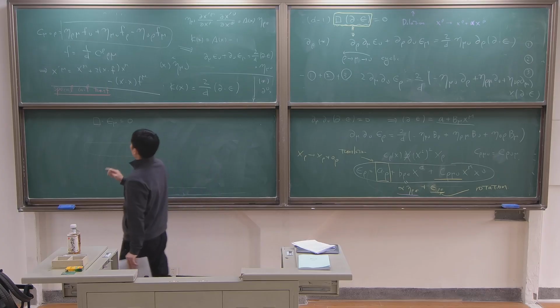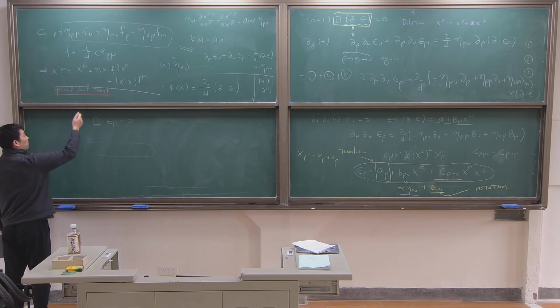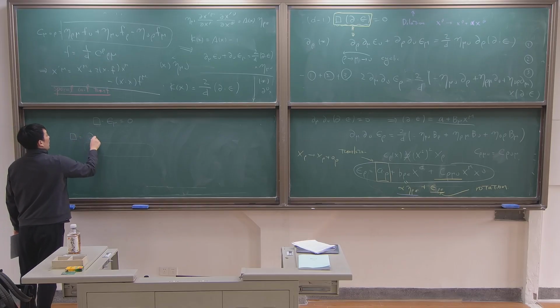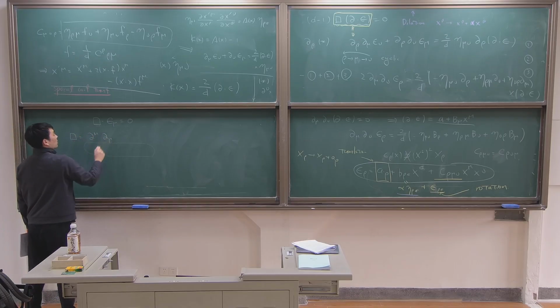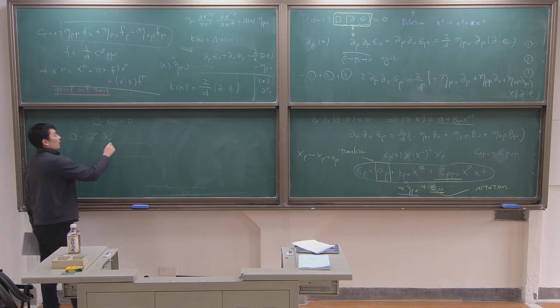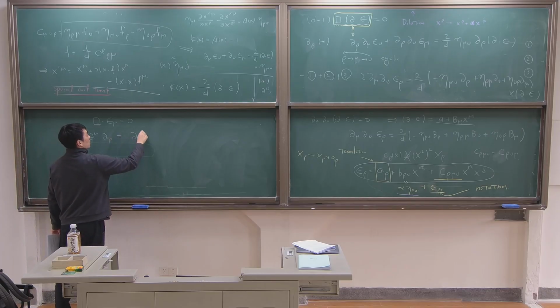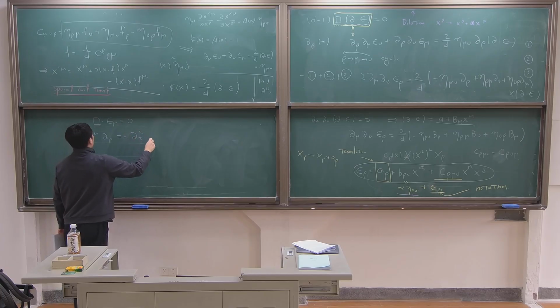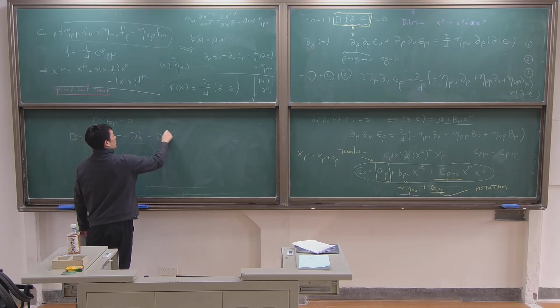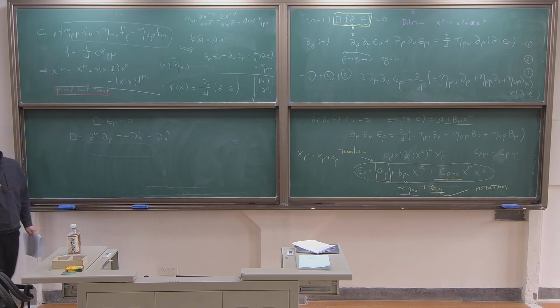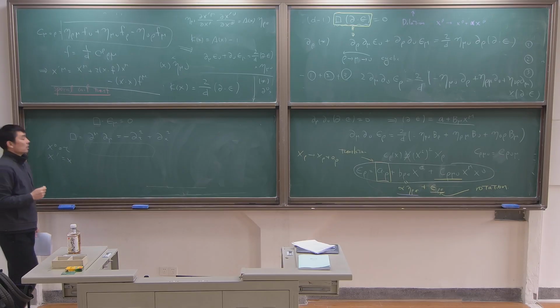Here nabla is the partial derivative, so if you consider del t squared plus del x squared, this is the case in two dimensions. So I put x0 equal to t and x1 equal to x.